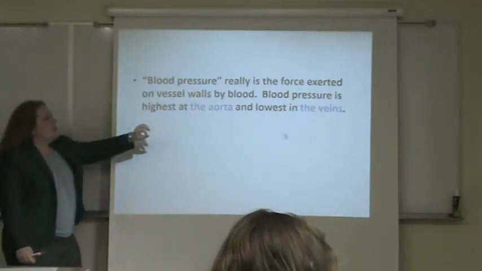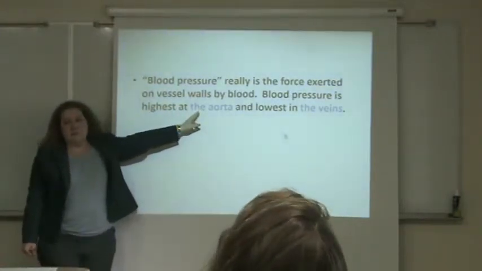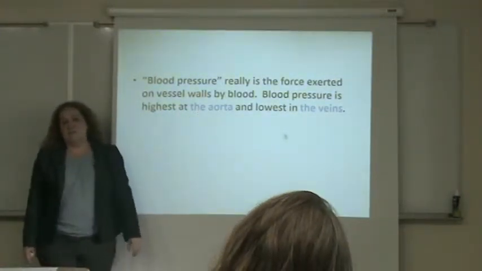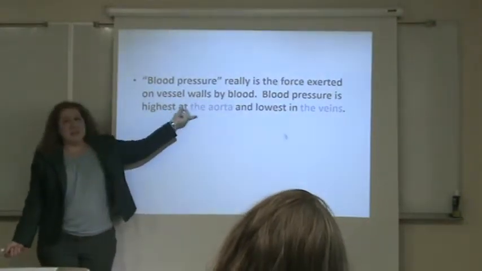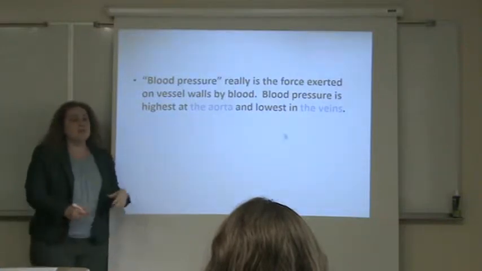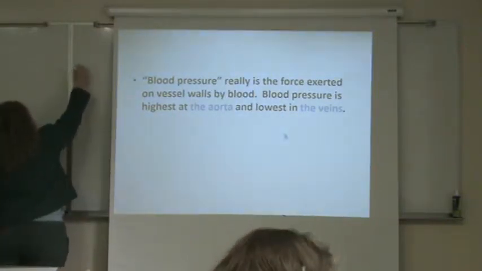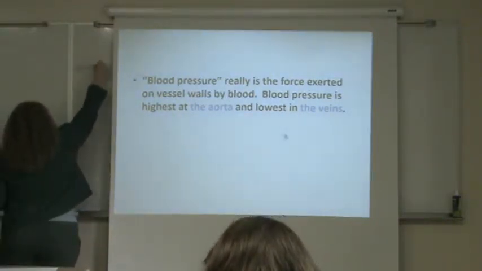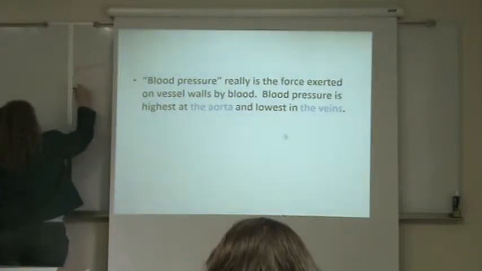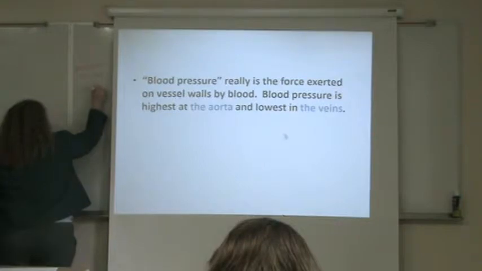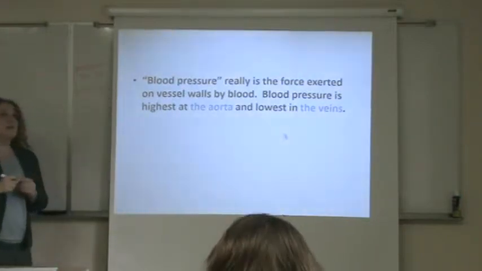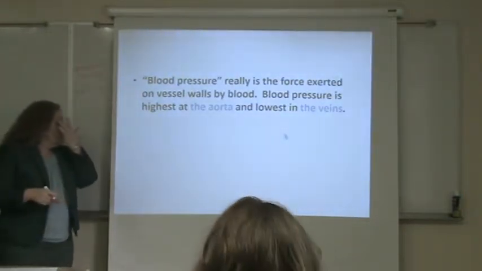Blood pressure is really generated by the left ventricle. You can think of it as it's highest at the aorta because that's closest to the left ventricle. It is generated by the left ventricle because that's what's pumping blood to the systemic circulation.